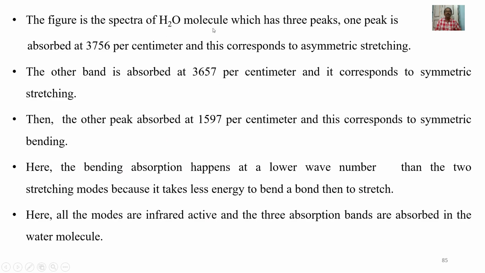One peak is absorbed at 3756 per centimeter, and this corresponds to asymmetric stretching. The other band is absorbed at 3657 per centimeter, and it corresponds to symmetric stretching, the second highest. Then the other peak is absorbed at 1597 per centimeter, and this corresponds to symmetric bending.